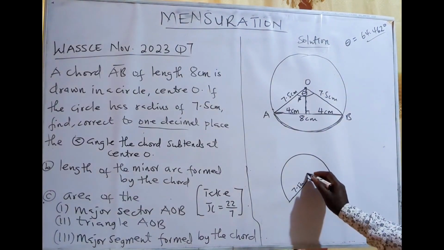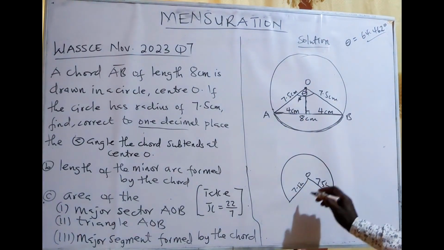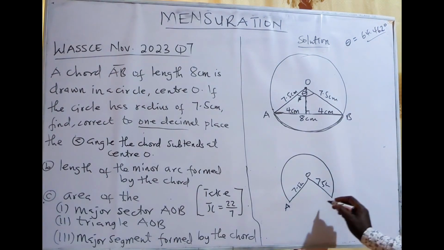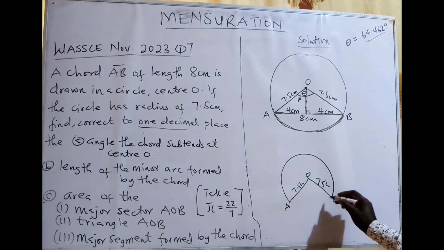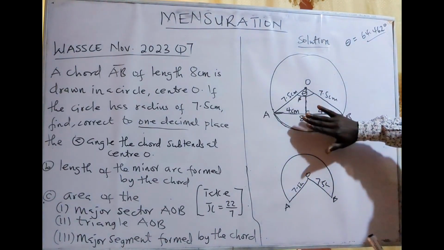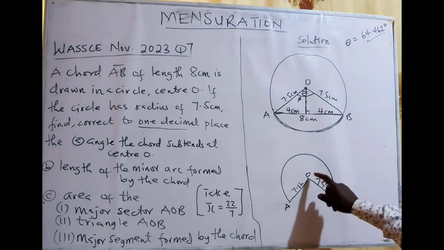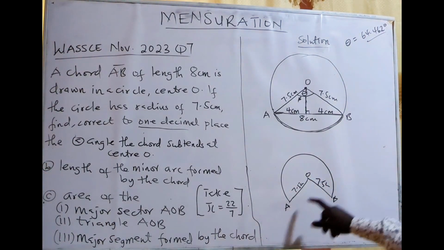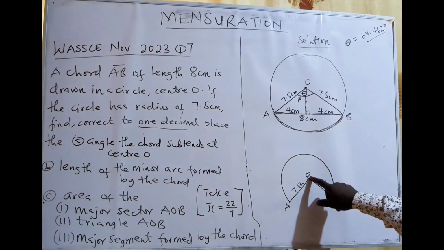We have our center as O, and then our A and our B. Our major sector is here, and this part is the minor sector. So it means that we need the angle the major sector subtends at the center of the circle.